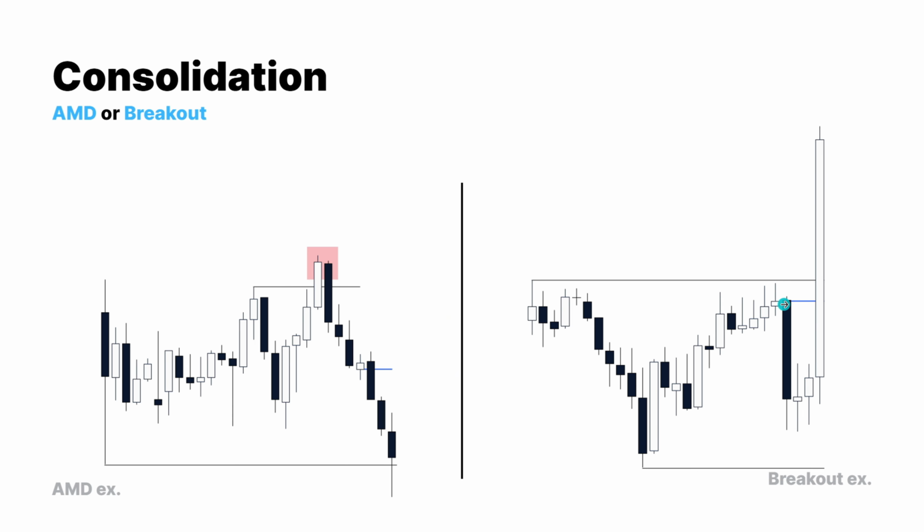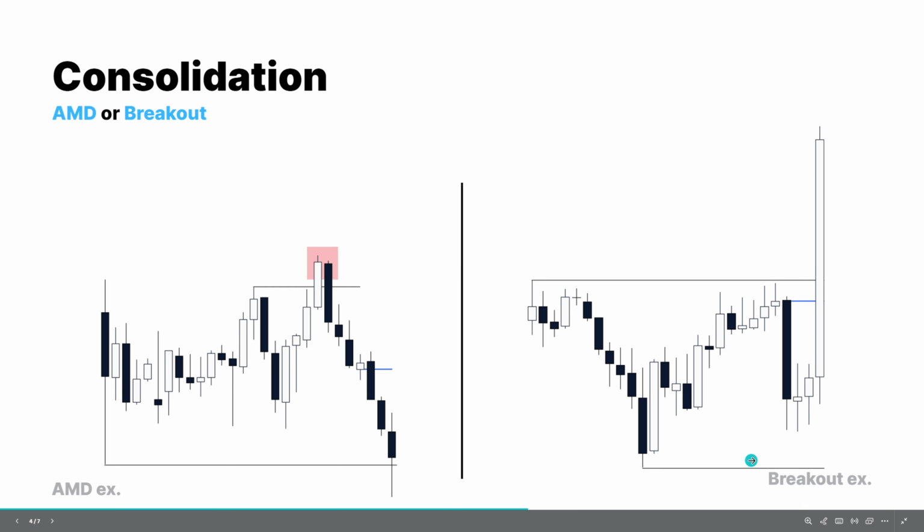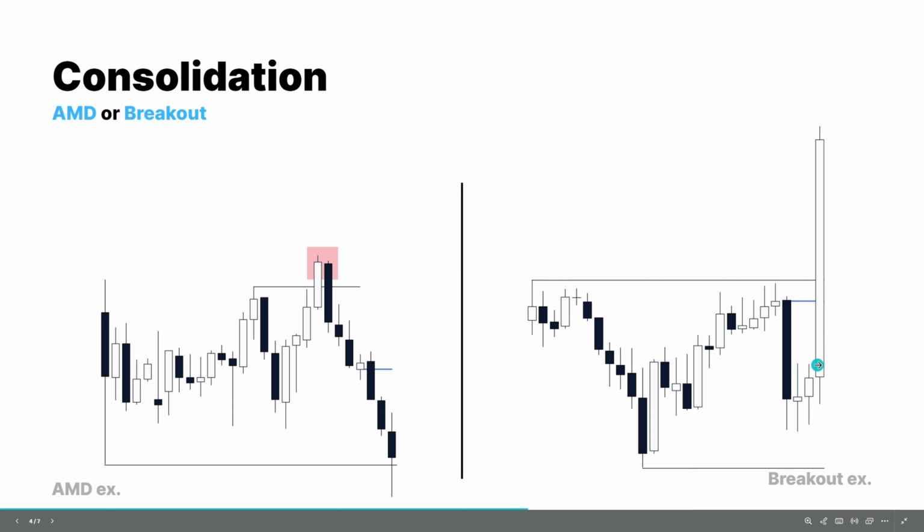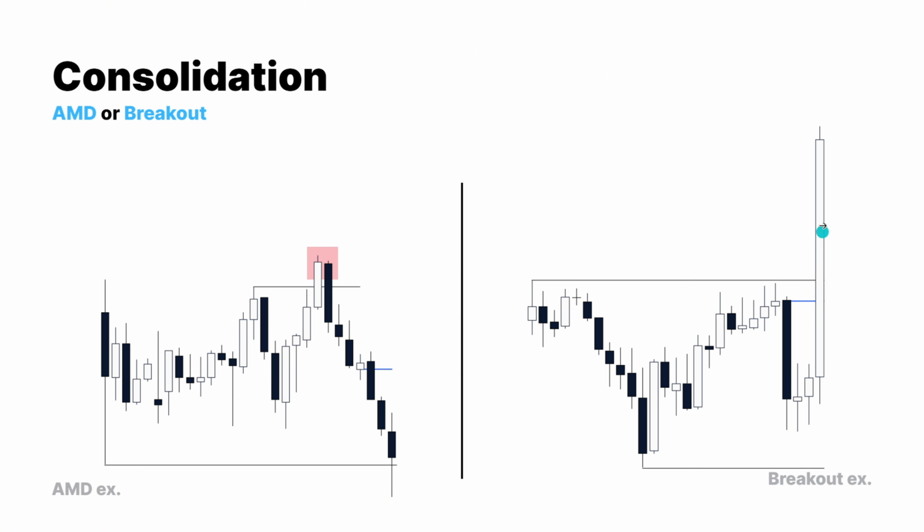We break out of the range, make a change in the state of delivery, and just close above it strongly, meaning that we didn't manipulate any sort of low, because if we wanted to look for buys and we were looking at an AMD, accumulation, manipulation, and distribution, we would be looking for manipulation to this low, right? But in this case it's a breakout, we don't have this manipulation, we just continue higher.